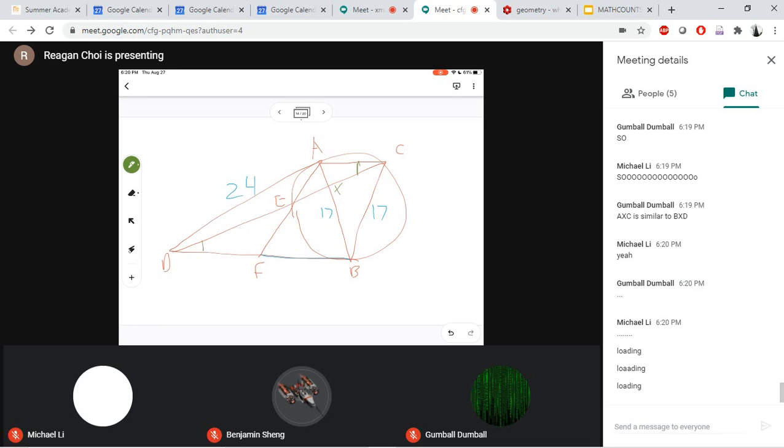Can you find any other angles that are equal to these two? And yeah, I see where we're going, trying to find lengths, but it's really weird to just find BF. This actually is a really weird problem.